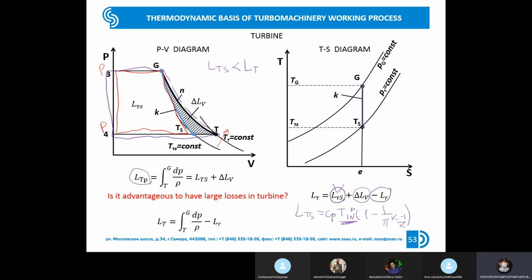And that's why if you look at the picture, at the numbers of efficiencies of the compressor and the turbine, usually the efficiency of the turbine is much higher. Of course, in some cases it could be opposite, but it's not very typical. Typically, the efficiency of the turbine is higher than the efficiency of the compressor.